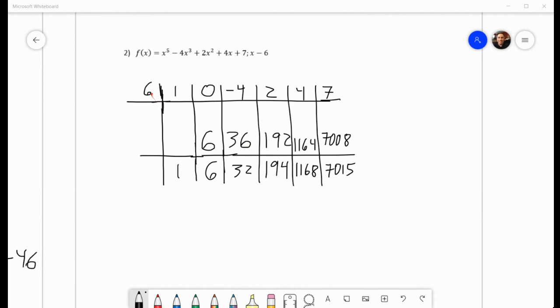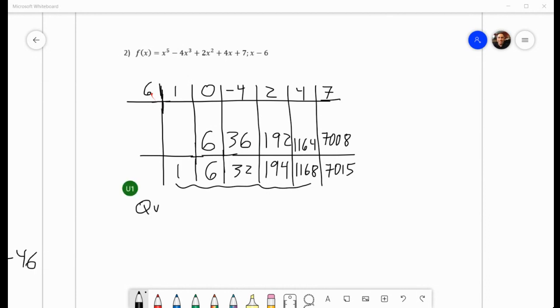Right, and again, just like before, these are the coefficients of our quotient, which in this case is degree 4, since f, the original polynomial, was degree 5. The quotient's going to be 1 degree less if you're using synthetic division.